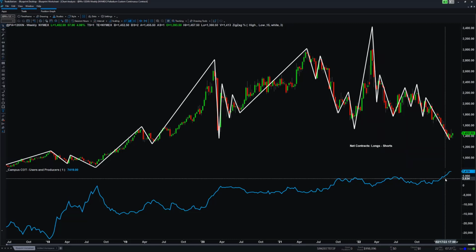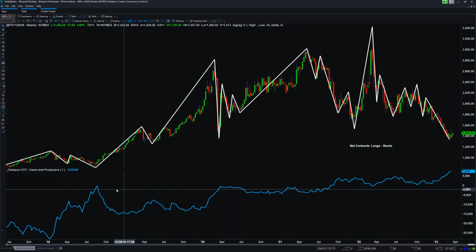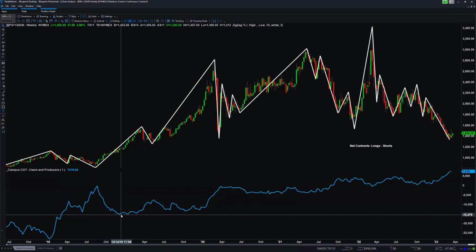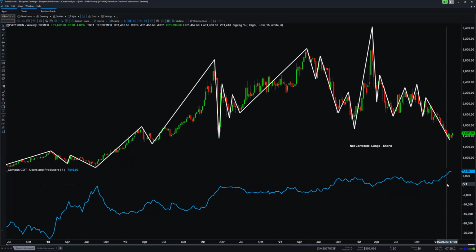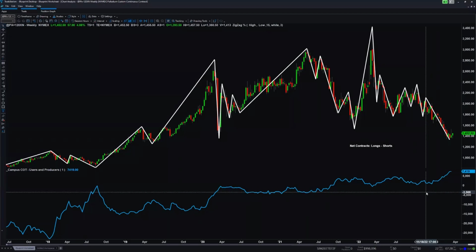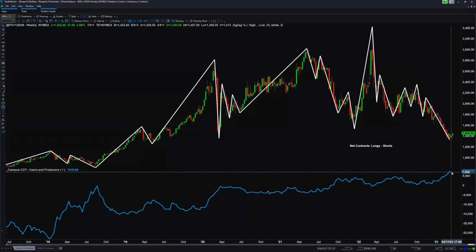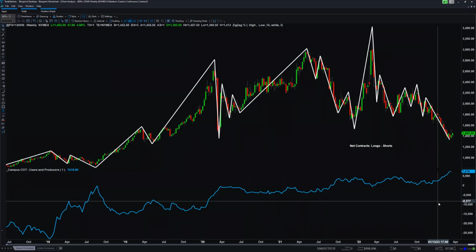So as a group, the commercials, the users and producers, the higher the line goes, the more they're technically buying, the lower the line goes, the more they're technically selling. Okay, so the correct terminology here is accumulating, distributing. But the higher these lines go, the more they're buying. The lower these lines go, the more they're selling.